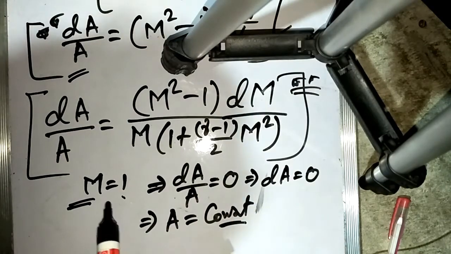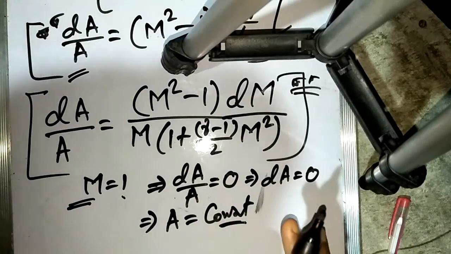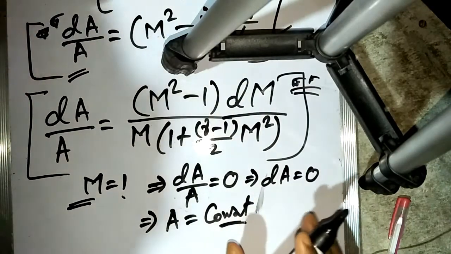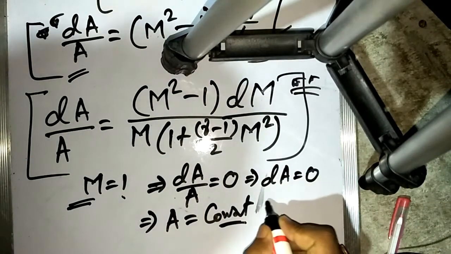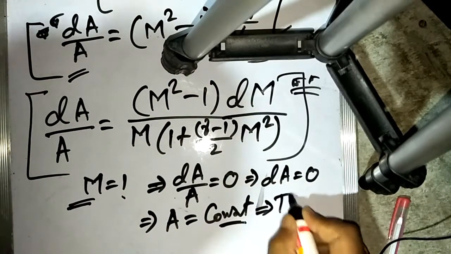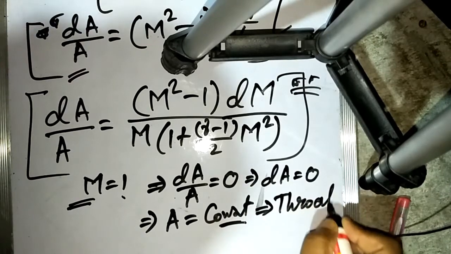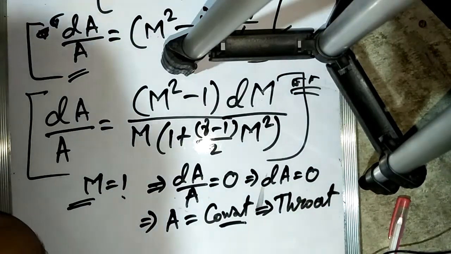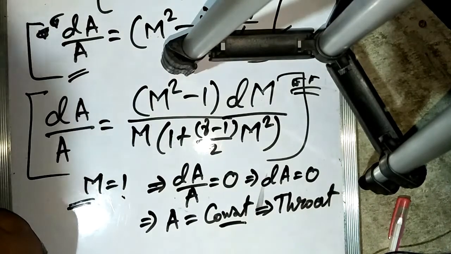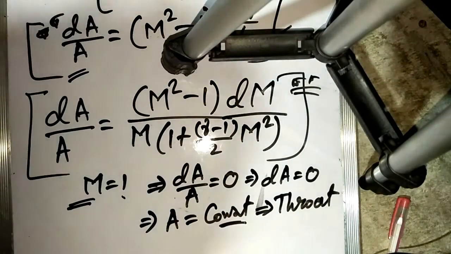So that maximum discharge, that is M equals 1, happens only at the throat. Okay.